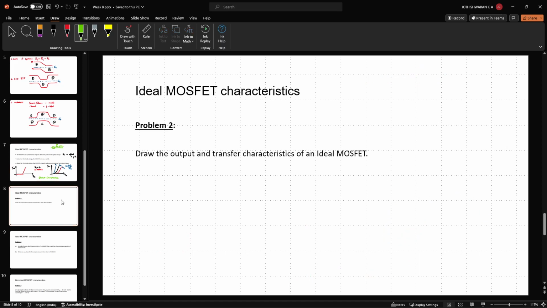And the other thing, the transfer characteristics, is essentially given by IDS versus VGS.